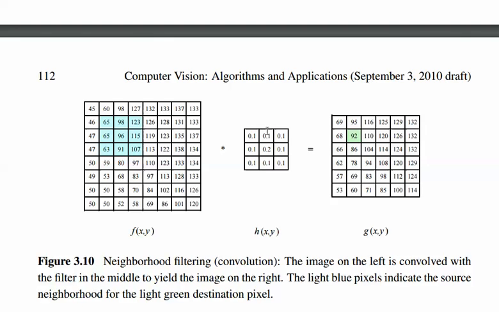Then the mask in the corners will be 0, 0, 0, 0. And if I consider all five pixels to be important, then I can multiply each one by 1 over 5, and that will be a possible filter. Let me give you other examples of filters that are in your textbook.